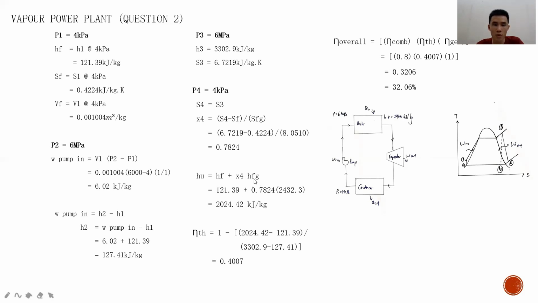For the h4, which is hf plus x4 times hfg, which is 121.39 plus 0.7824 times 2432.3, which is 2024.42 kJ per kg.